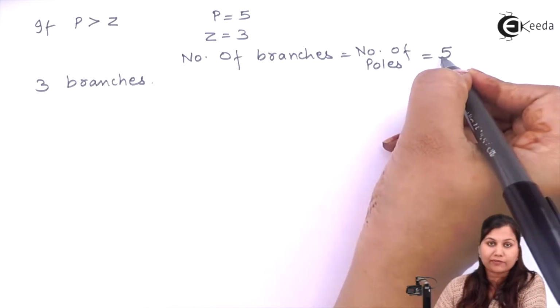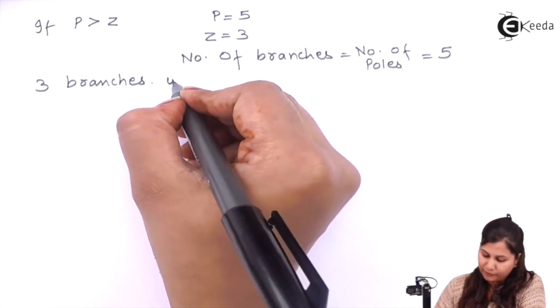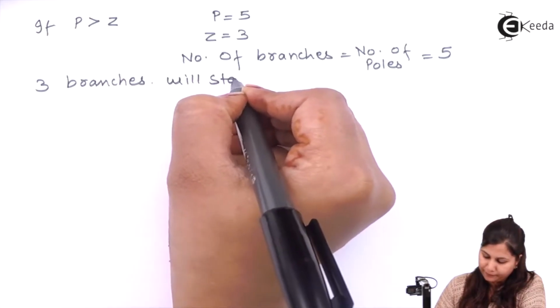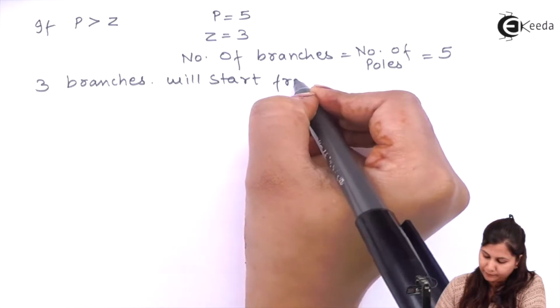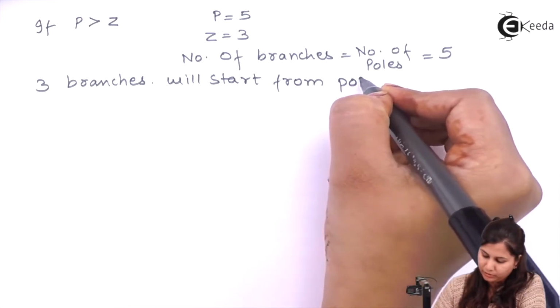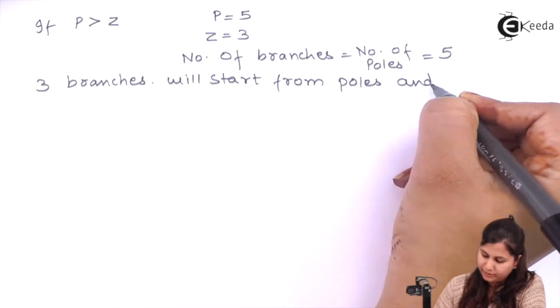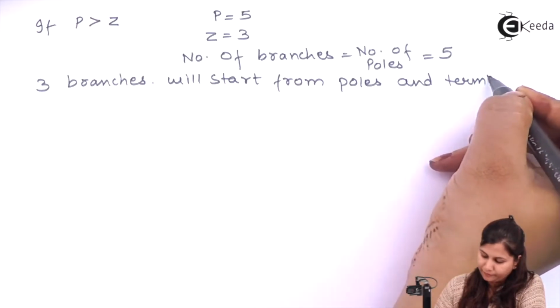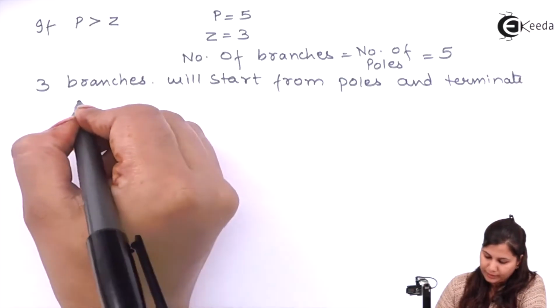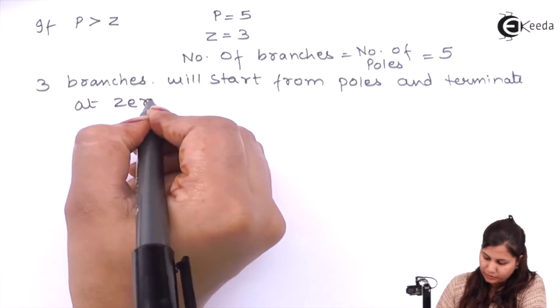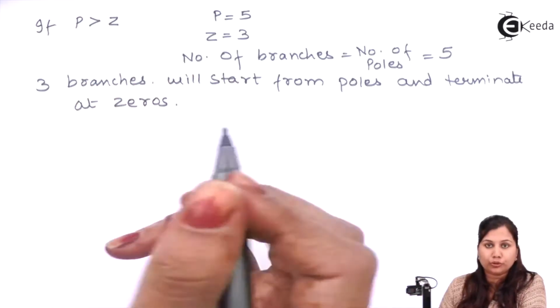So out of these 5 branches, 3 branches will start from poles and terminate at zeros. Now we are left with 2 branches.